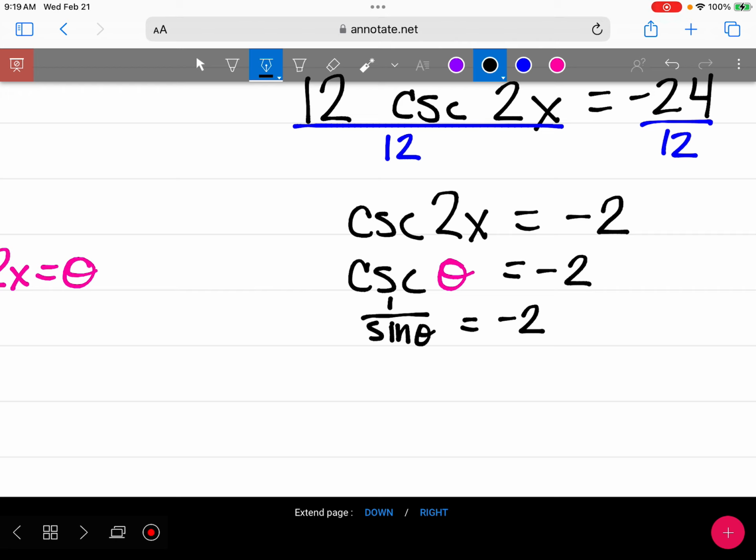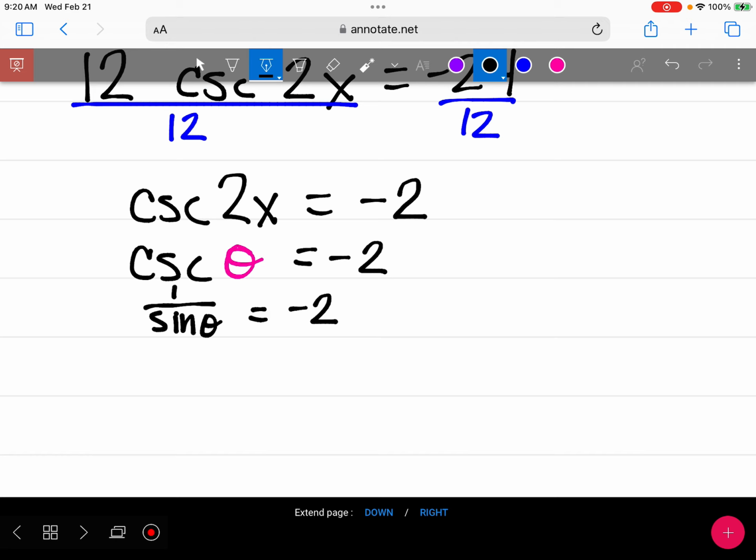I find that helpful, because if I know that that is 1 over sine, you could flip that and make it sine is negative 1/2. So what thetas do we have that are going to have a cosecant of negative 2? Yes, 7 pi over 6.